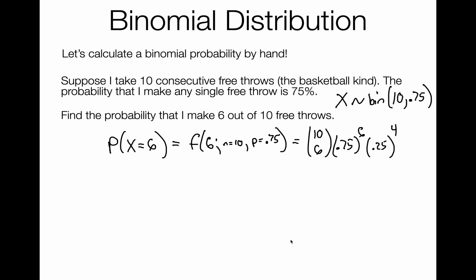Okay, and so then let's go through this tedious work of 10 factorial over 6 factorial times 4 factorial. It was n factorial, where n is 10, over x factorial, 6 factorial, times n minus x, or 10 minus 6, which is 4 factorial, times 0.75 raised to the 6th power times 0.25 raised to the 4th power.